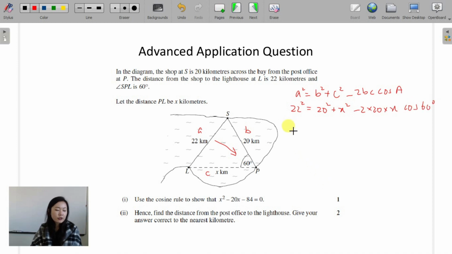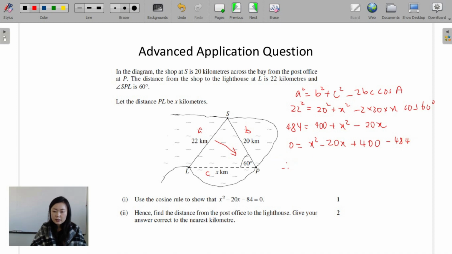That's the initial application. 22 squared is 484. 20 squared is 400. And 20 times cos 60, which should be a half, is 20. Then I'm just going to move everything to one side. And that's how you create the quadratic.